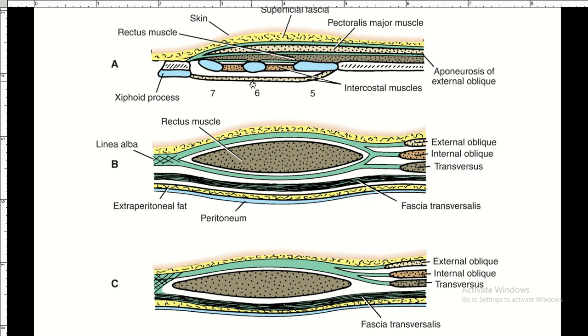And then in the posterior wall, you're only going to have the costal cartilages of rib number 5 to rib number 7, and the xiphoid process only. So I think now it makes sense. Above the costal margin, below the costal margin, the superior iliac spine. You understand now? Good. So you need to get this orientation. What is found in the rectus sheath? Let's take a look.